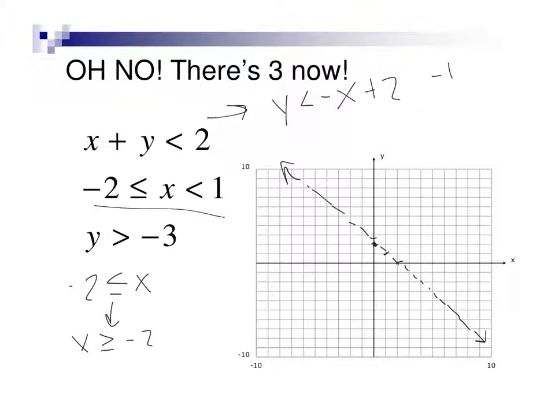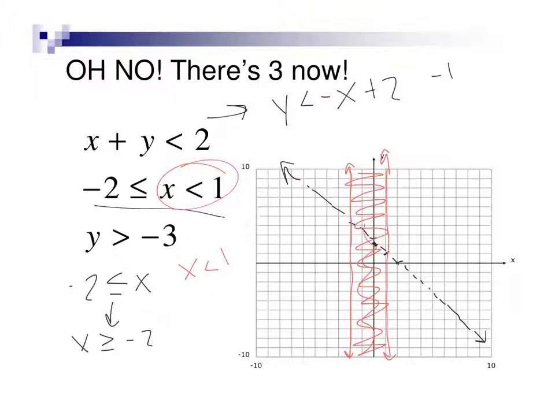Well, like we talked about in previous ones, the way to graph that is a vertical line at negative 2 right there. And then if you imagine there's another part here that says x is less than 1. Okay, so that's going to be graphed at 1. And it's going to be right there. Okay, so then imagine shading for this one is going to be all in between negative 2 and 1.